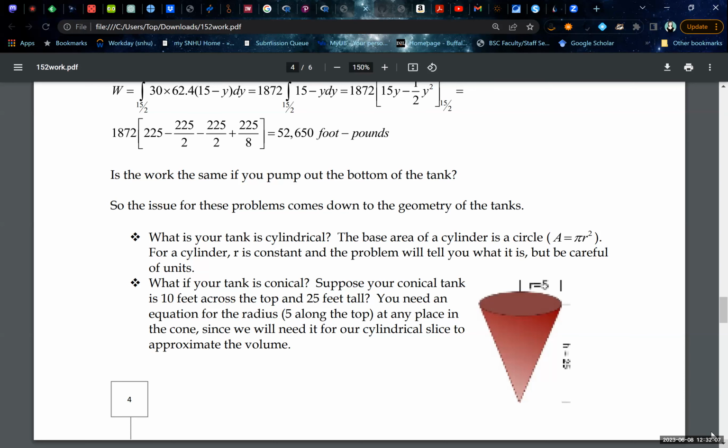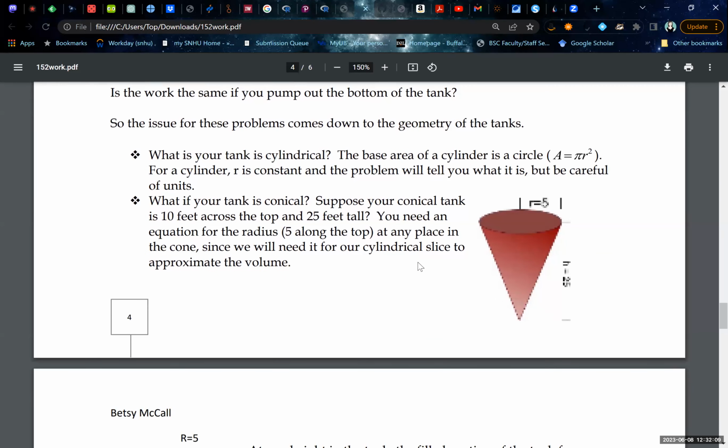Now, for a conical tank, it's a little bit more complicated. As you take a slice in a circular cone, you are going to get a slice which is a cylinder, again approximately a circle times the dy, to get the volume.